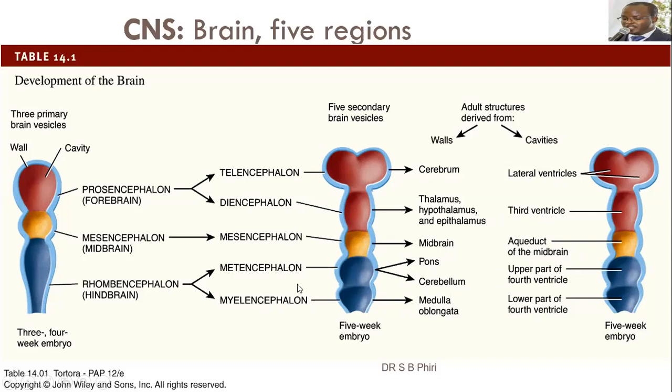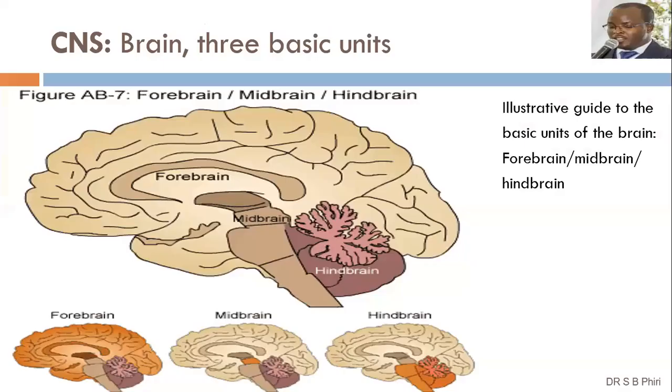Then within the rhombencephalon, where it divides into the metencephalon and the myelencephalon, you're going to find the fourth ventricle during development. There are a lot of nuclei embedded within the brain tissue that are also involved in motor and sensory function, so you need to understand where these structures are coming from.